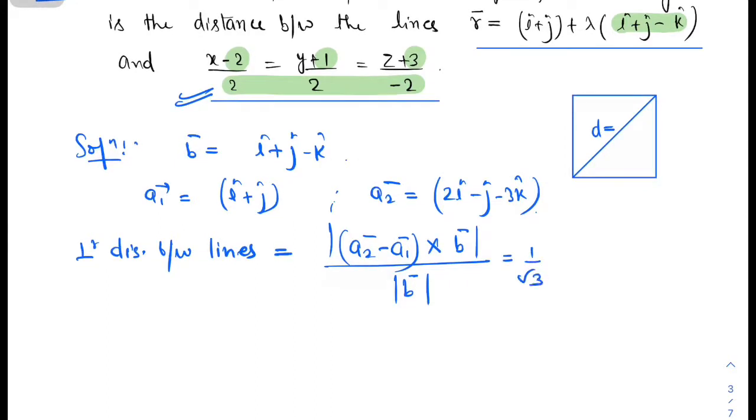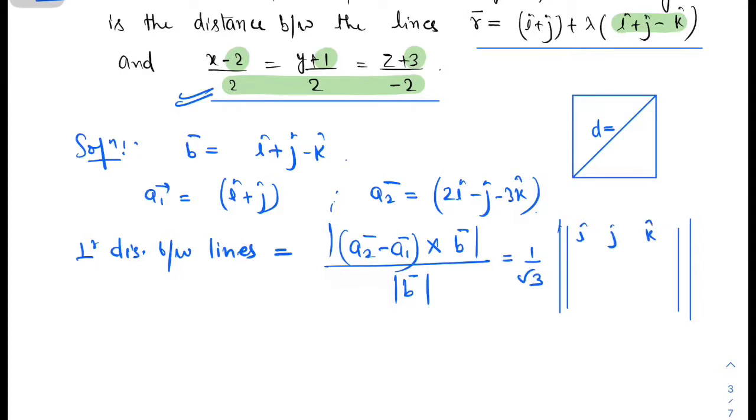So let me write 1 by root 3 here, and the mod of cross product. This outer sign is for the mod, the inner sign is for the determinant by which we will be calculating this cross product.